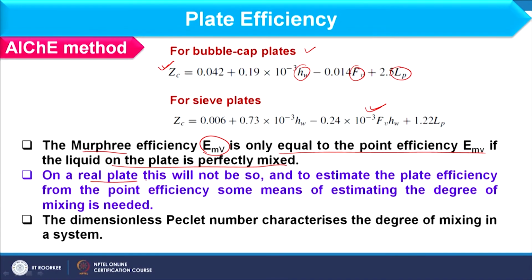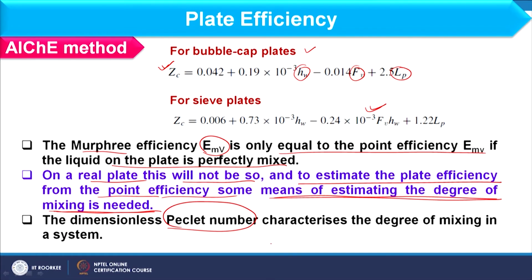However, on the real plate this will not be so, and to estimate the plate efficiency from point efficiency, some means of estimating the degree of mixing should be considered, and for that we consider a dimensionless number, the Peclet number, which counts the degree of mixing.